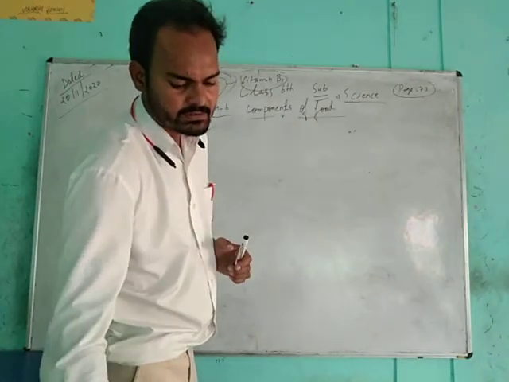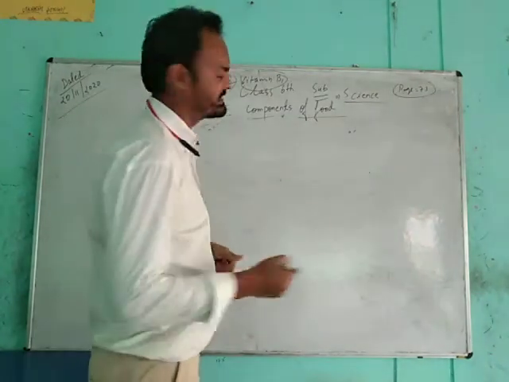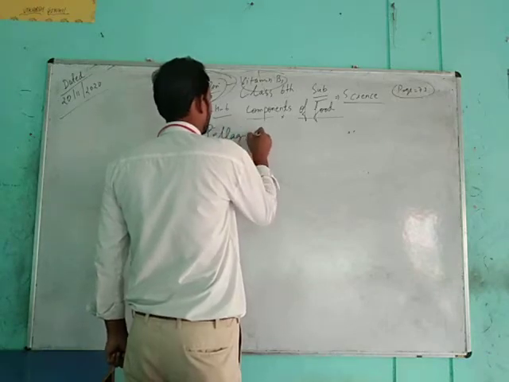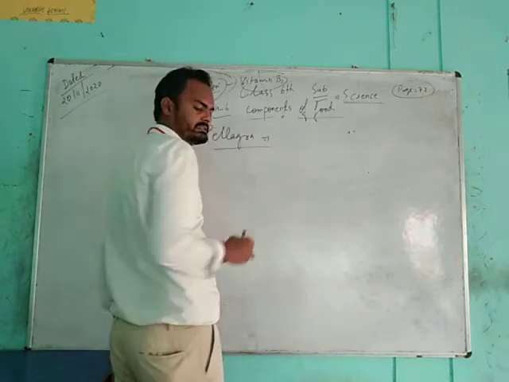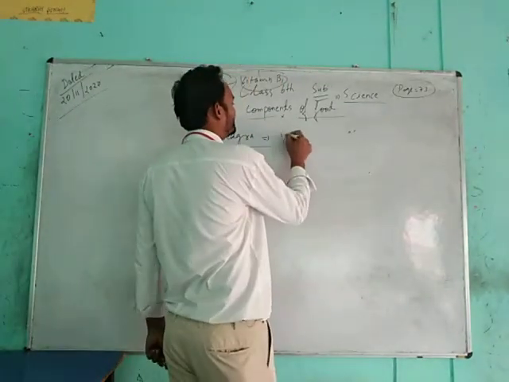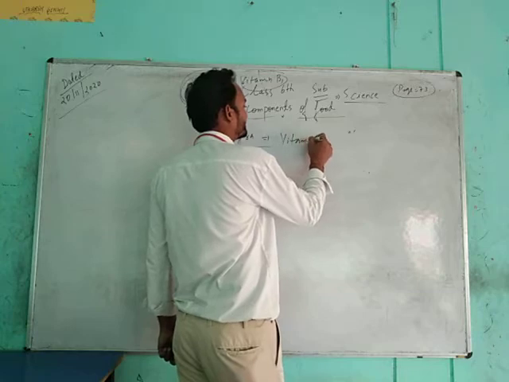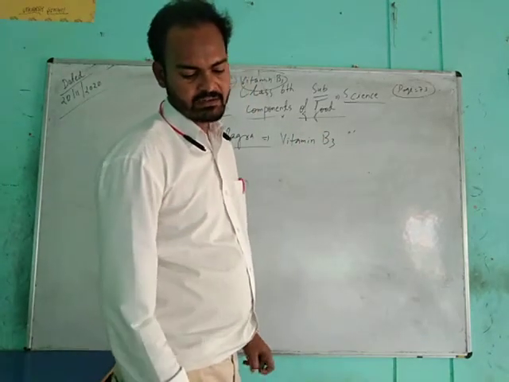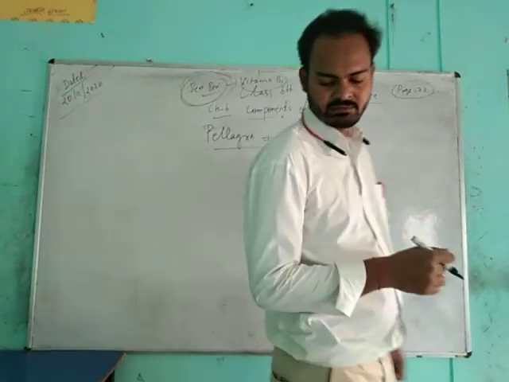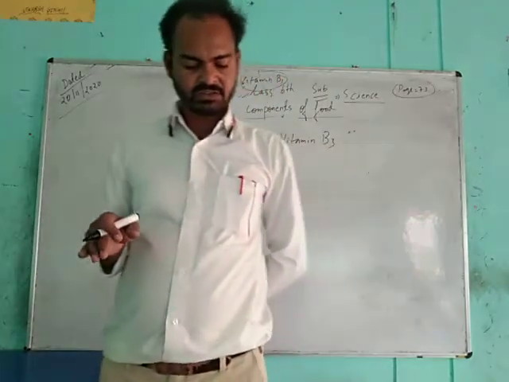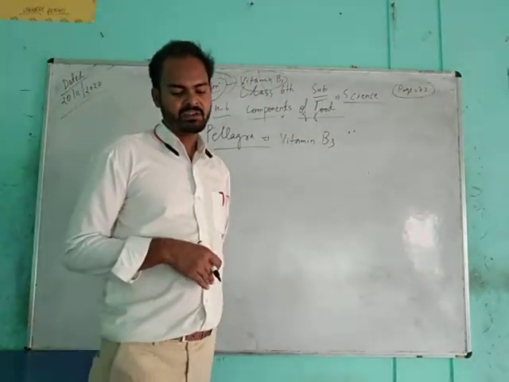So students, our next deficiency disease is pellagra, and this occurs due to lack of vitamin B3. And what are the symptoms of this disease? Inflammation of the skin, diarrhea and memory disorder.